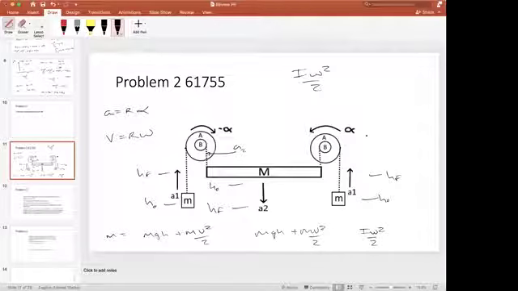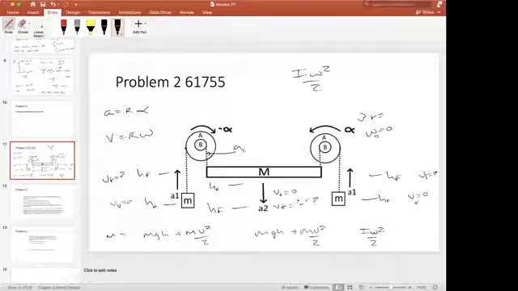And then these pulleys start with omega equal to 0. These guys start with V equal to 0. And V final we will find. And omega final we will find. And this thing will have V initial 0 and then V final. We'll find it, but it'll be negative. And we don't know what it is.